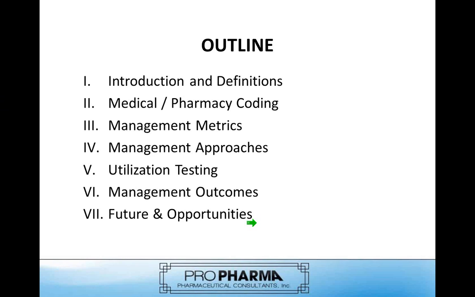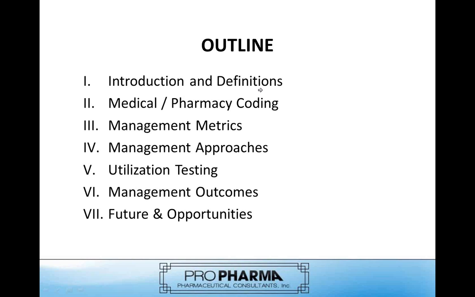I'm going to try and deal with this whole issue now at one time, and the outline of what we'll talk about will be to deal with a definition. What are these specialty drugs? What do we deal with regard to medical and pharmacy coding, meaning how do you put the definition into context with a bill and what was actually given? How do you manage, how do you measure it, and what are the metrics?